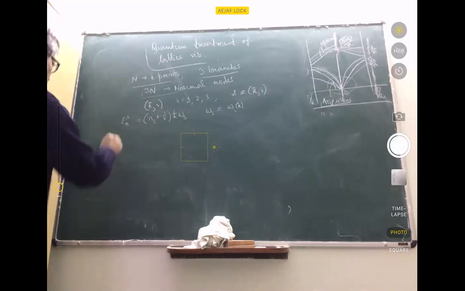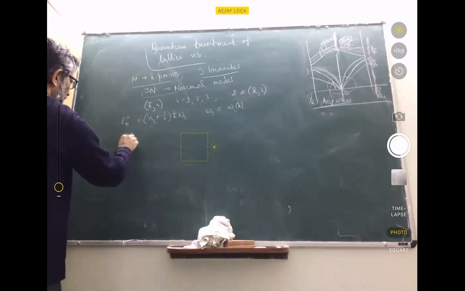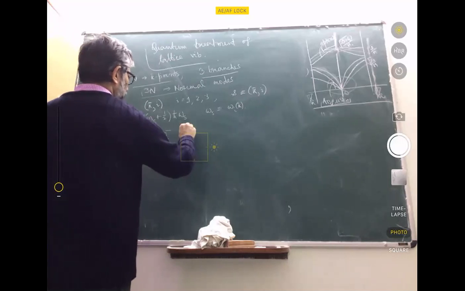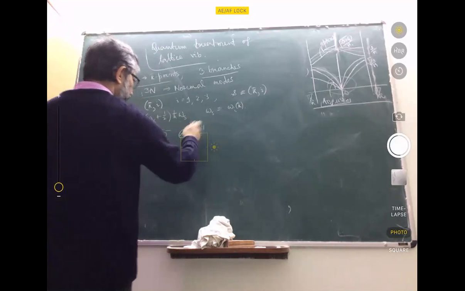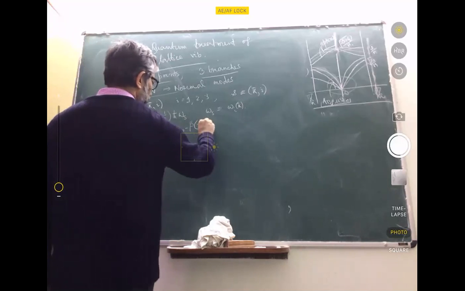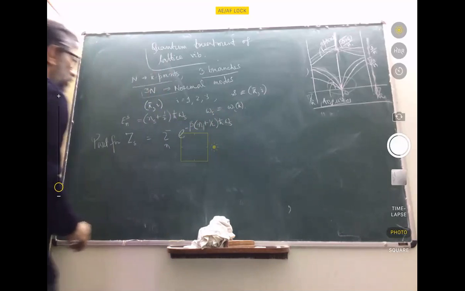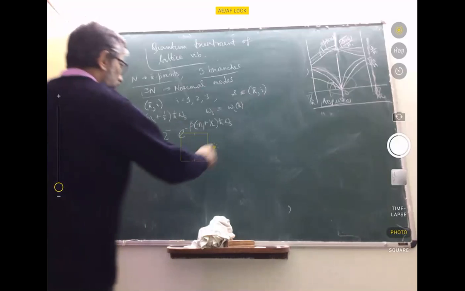So how do we calculate the specific heat due to this oscillator? We'll have to calculate the internal energy, and in order to calculate the internal energy, we'll calculate the partition function. I'm not writing the index s here. So this is the partition function for the mode s, and this can be written as follows.